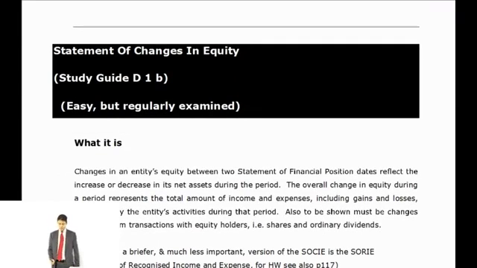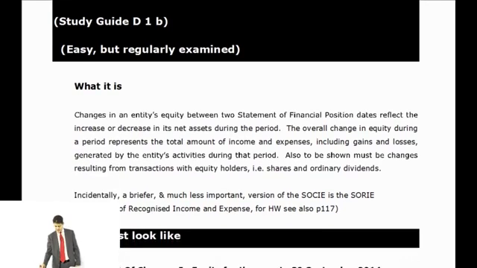Statement of changes in equity, as it says there, describes the changes between two SFP dates, the increase or decrease in its net assets during the period. The period usually is 12 months. The overall change in equity during a period represents the total amount of income and expenses, including gains and losses, generated by the entity's activities during that period.